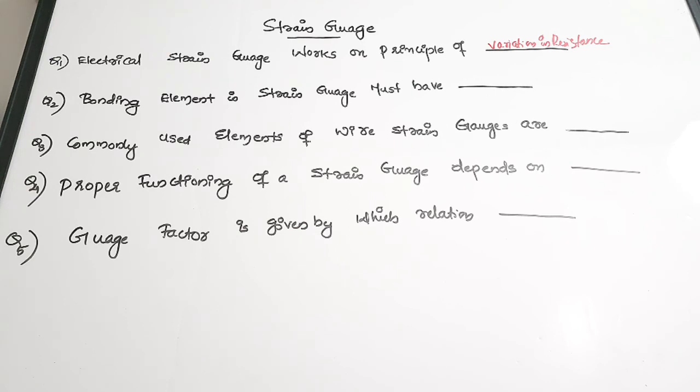The correct answer is about the bonding element of strain gauge. Bonding element means the adhesive. So the adhesive of the strain gauge must have high insulation resistance. It should be immune to the effect of moisture and must also have the ability to transmit strain.